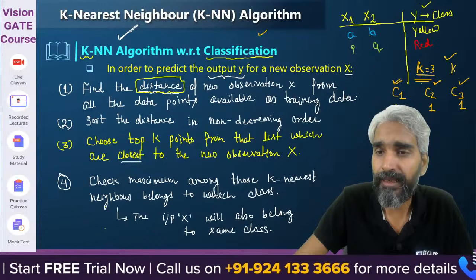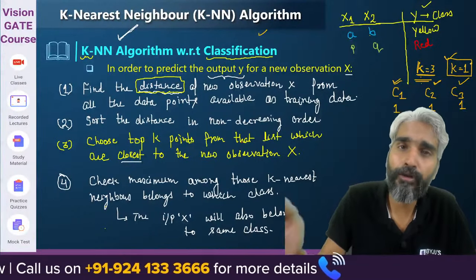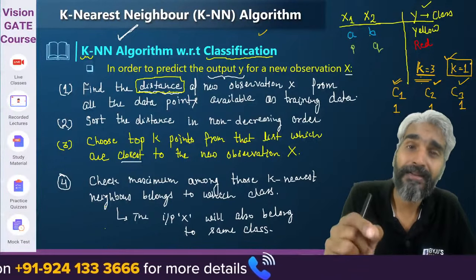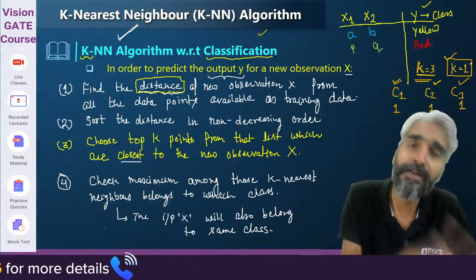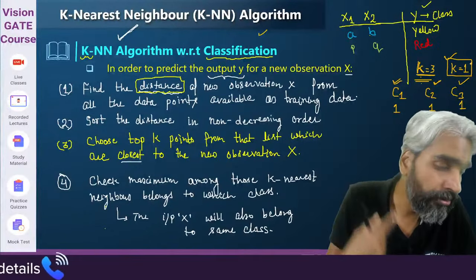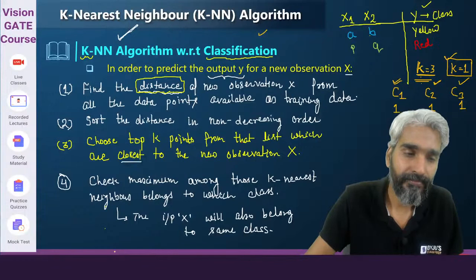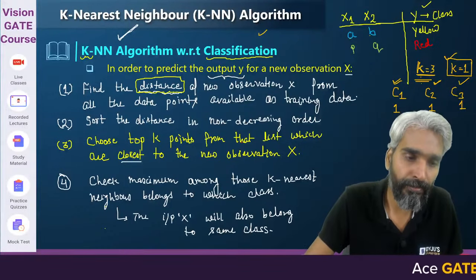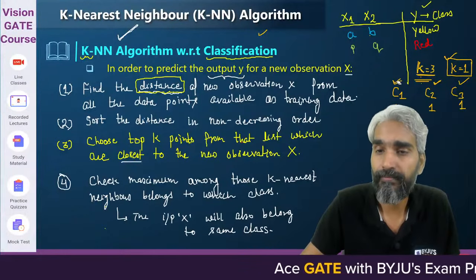If you make k equals to 1, you will always be able to select a single point, and with respect to that single point you will always be able to decide to which particular class this new input will belong. So you can always do that. You just need to play with the value of k.